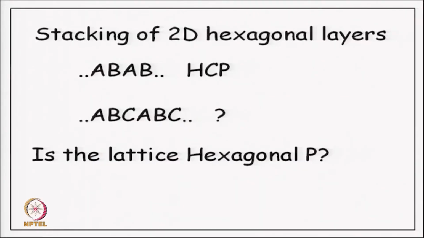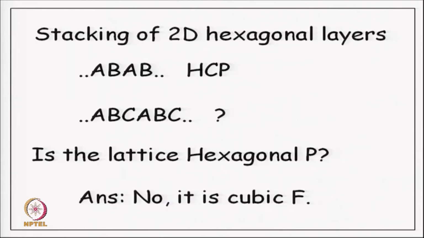So, the answer, and I will say that it is a surprise answer to this question, is that the lattice turns out to be cubic F, the face centered cubic lattice. I say a surprise answer because the layers which we are stacking are 2-dimensional hexagonal layers.